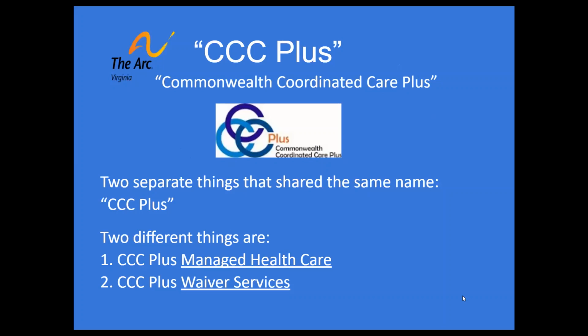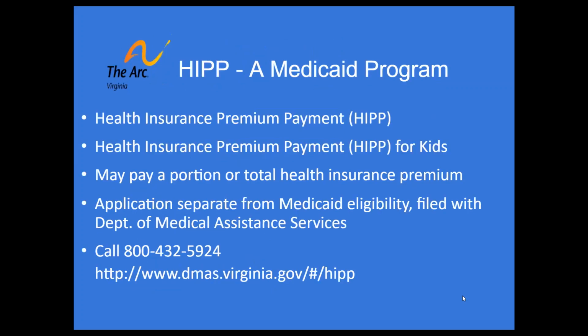So that means in Virginia, we have two separate things that share the same name, CCC Plus. The two separate things with the same name are the CCC Plus Managed Health Care and the CCC Plus Waiver Services.